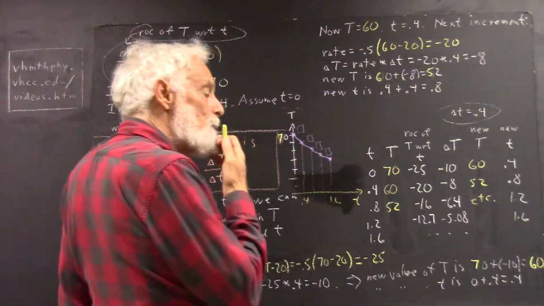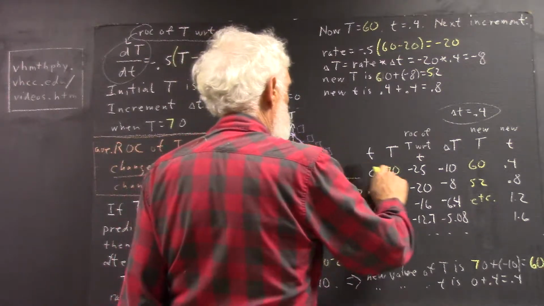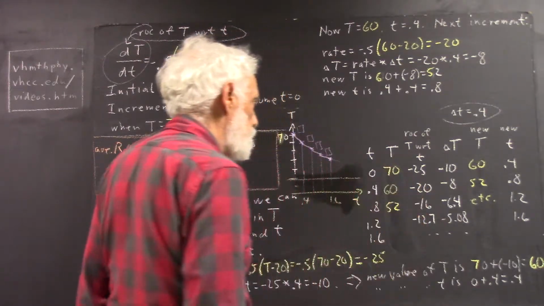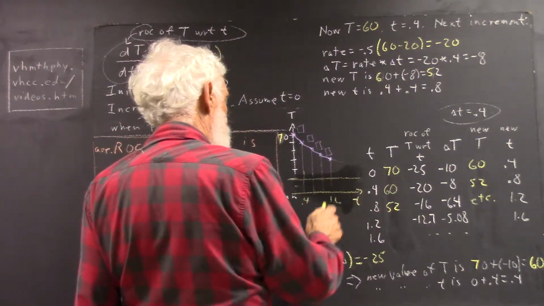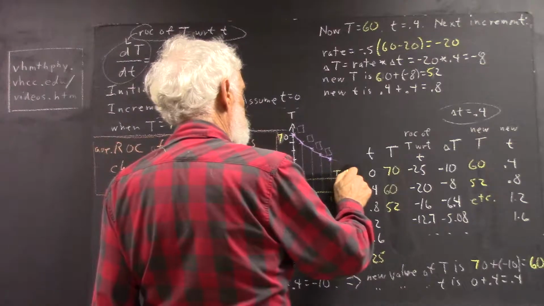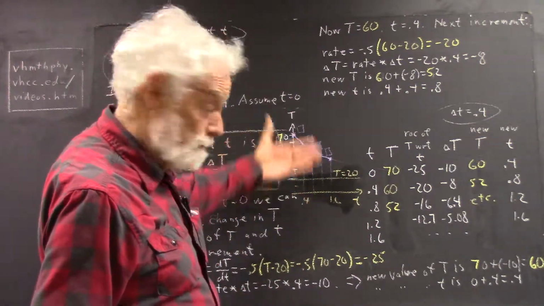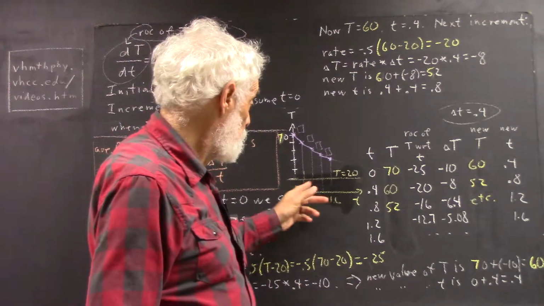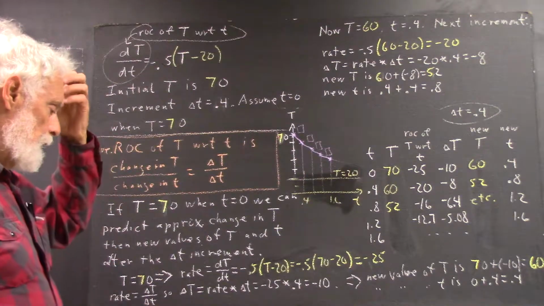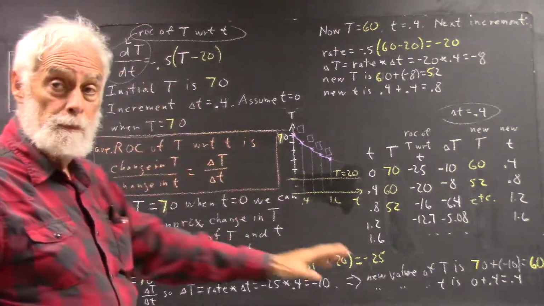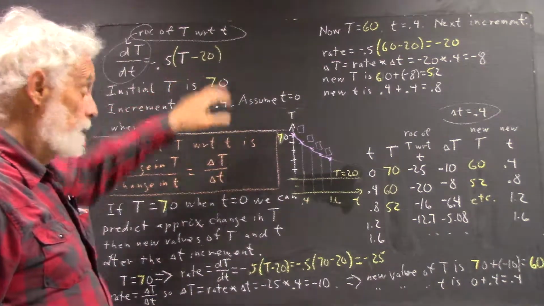Whereas before, our t-axis was here, and our temperature was approaching this t-axis as an asymptote, the temperature is still going to approach a line, but that line is now not T equals 0, it's the T equals 20 line. So think about what we're saying here. The bottom line is this procedure works just as it did before, but we have a T minus 20.